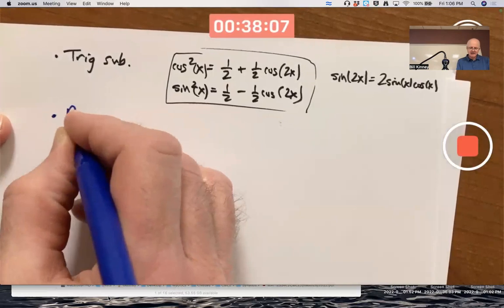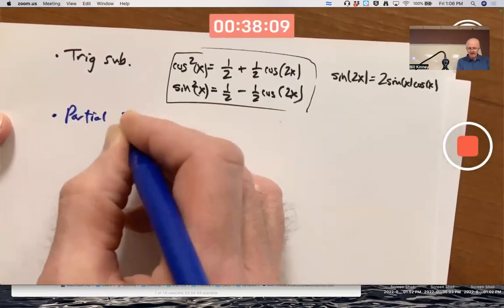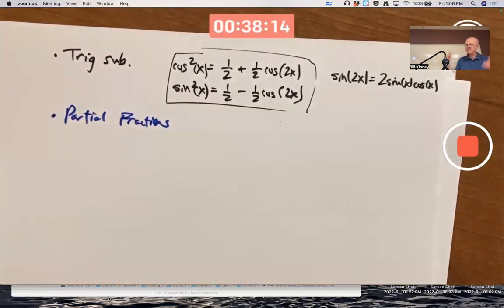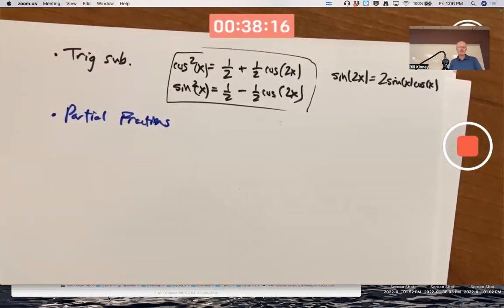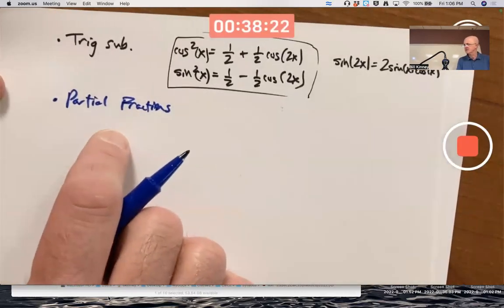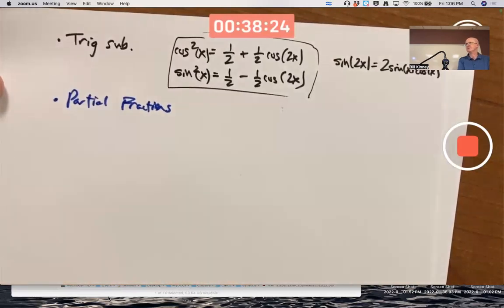Partial fractions is another one. And long division, though I think I didn't put that in old exams. Integrating rational functions. And I'd probably keep it simple.